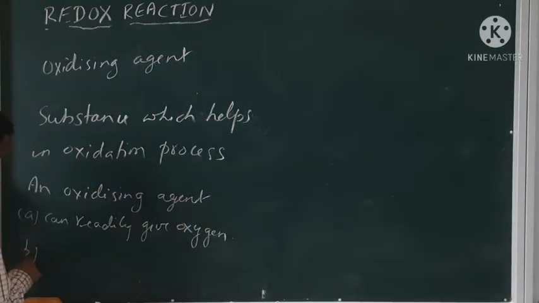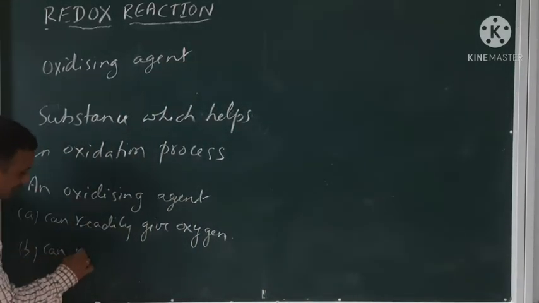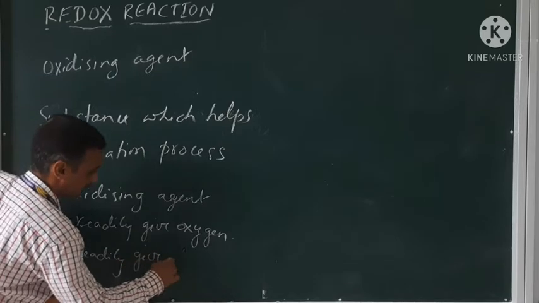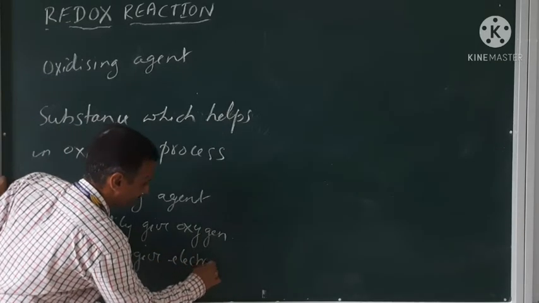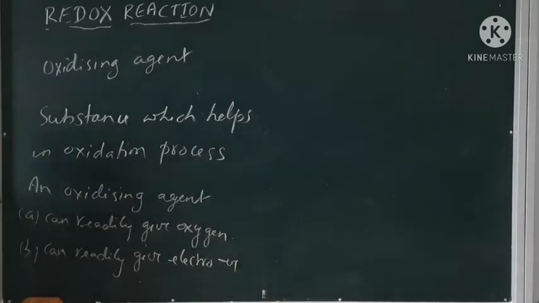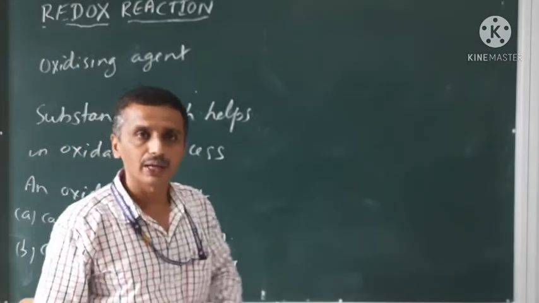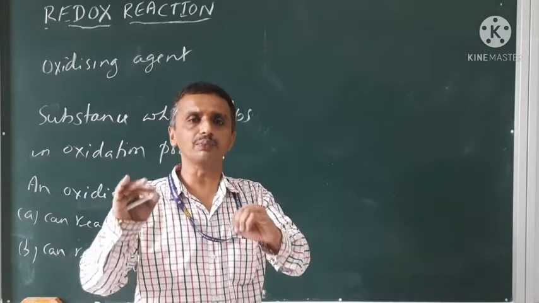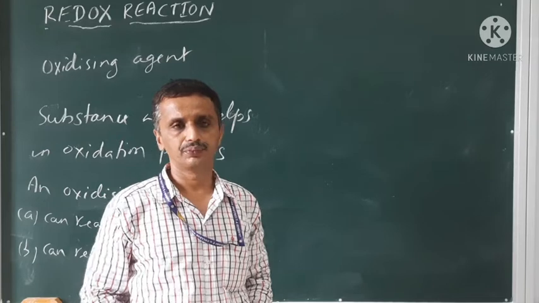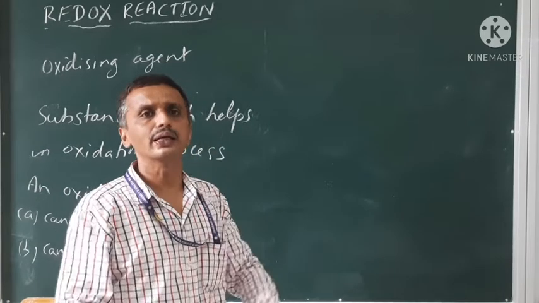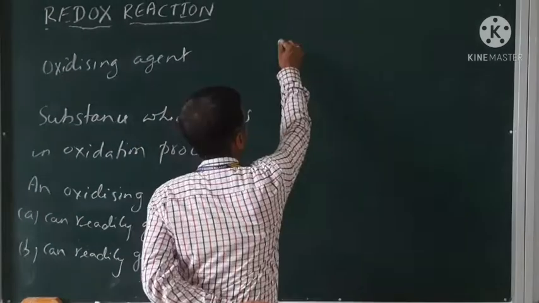Or B, can readily give electronegative element, because addition of electronegative element is oxidation. So oxidizing agent should have the ability to give the electronegative element.